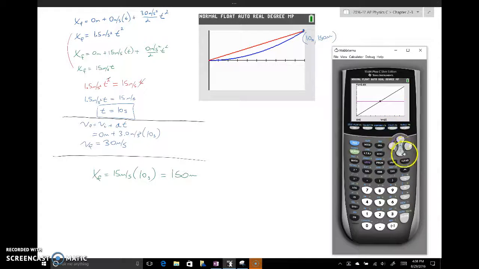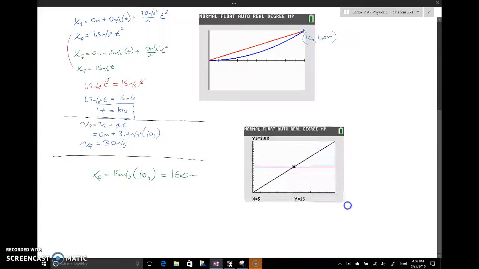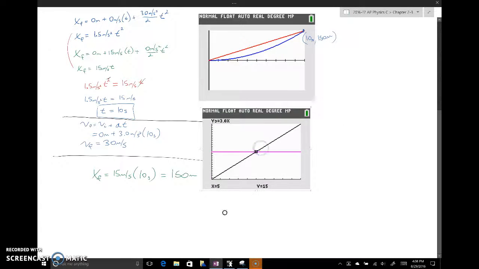Let's press trace here. After 5 seconds, the officer has not caught up to the motorist, but is traveling the same speed. So this represents when the officer starts to close the gap.